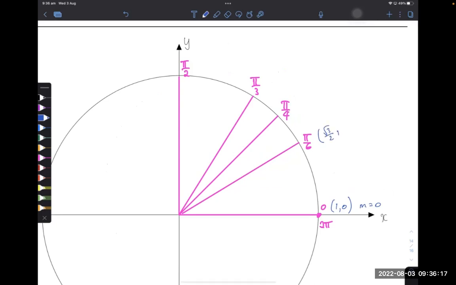√3 on 2. 1. Finding some coordinates. For the entire unit circle.